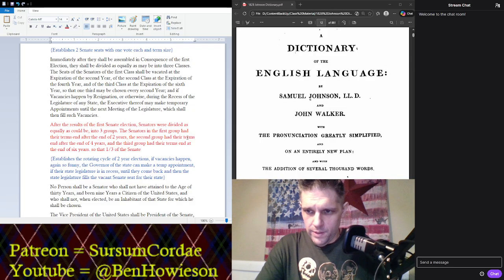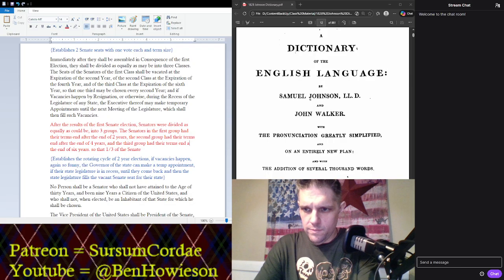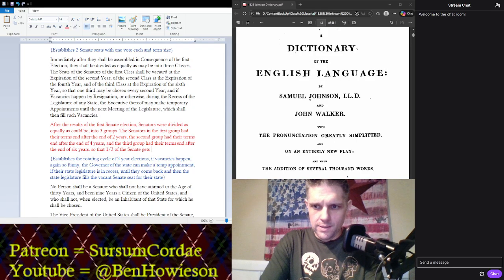The second group had their terms end after the end of 4 years, and the third group had their terms end after the end of 6 years, so that 1/3 of the Senate gets elected every 2 years. So 1/3 may be chosen every second year.